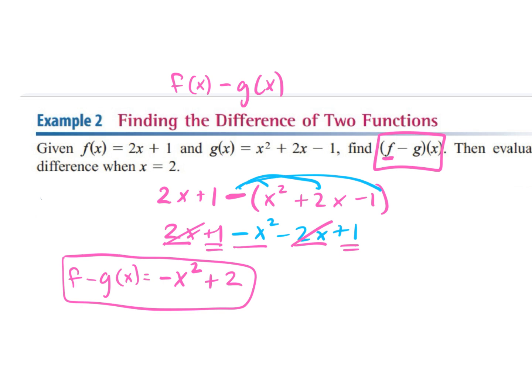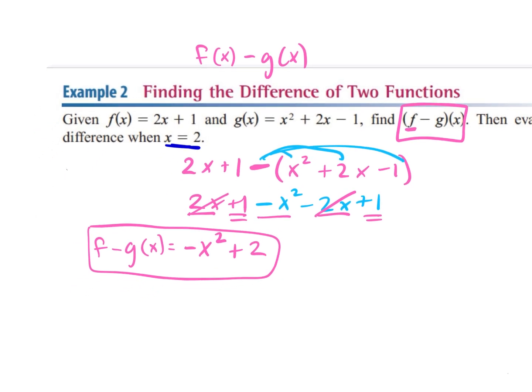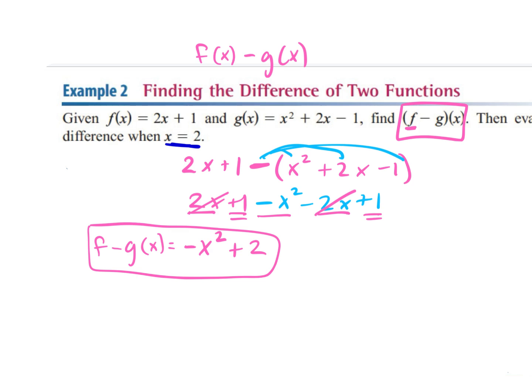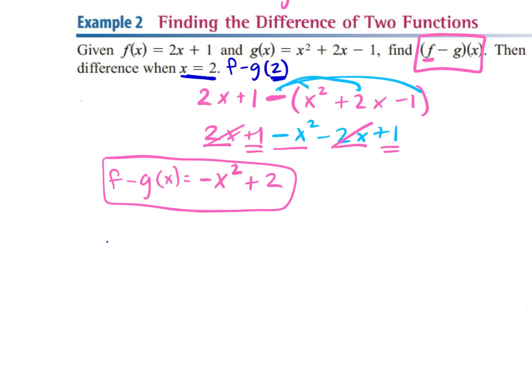Now it says evaluate when x is equal to 2. So we're going to plug 2 in. It could also be written as find f minus g of 2, where it wants you to plug 2 into the x. So that's what we're going to do. We have f minus g of 2 equals, we plug in 2 into our x here, so negative 2 squared plus 2.